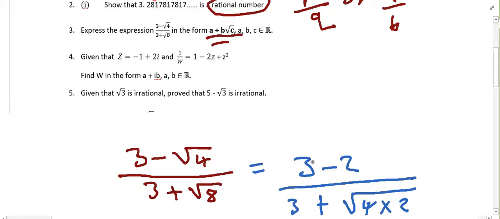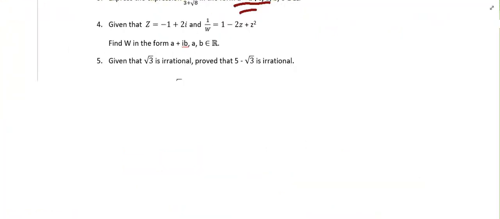All right, so the next question is saying, given that z is equal to that, and that is equal to that, find w. So for us to find w, we are just going to replace where there is z with the values we have been given.